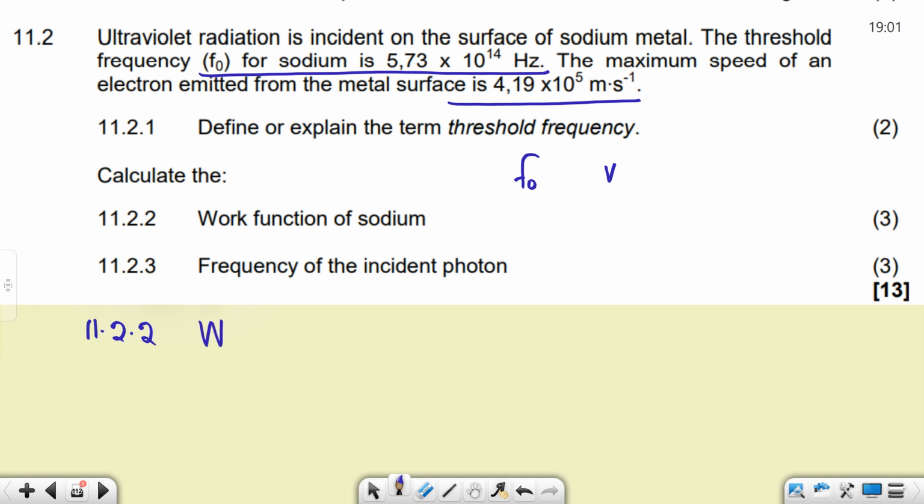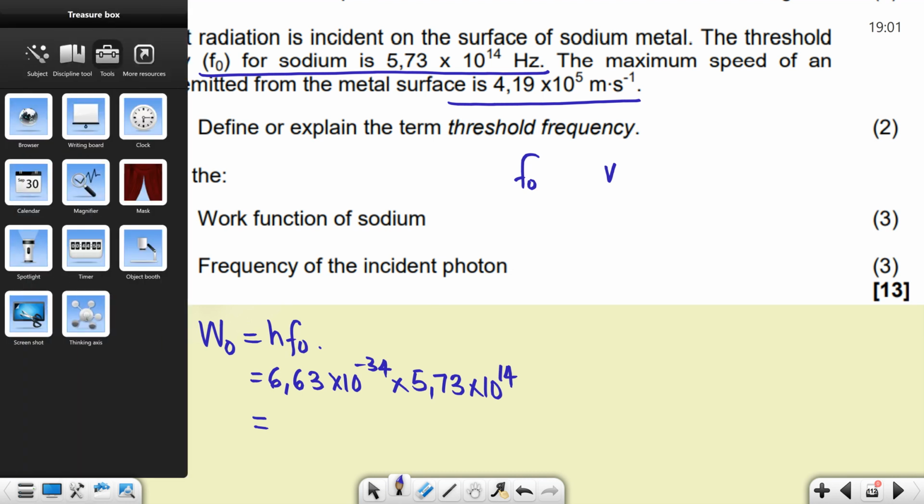11.2.2. The first thing that comes to my mind is that. Do I have everything I need? Yes. 6,63 times 10 to the power negative 34. And my threshold frequency. Please take note of what you have. It will make life easy for you. Okay, let's save time.